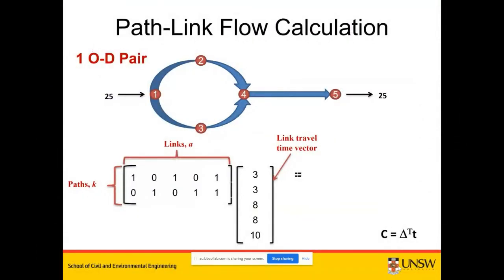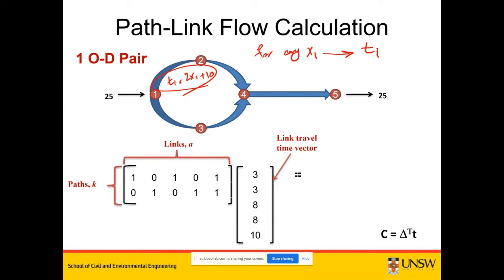For example, T1 could be, I don't know, 2x1 plus 10. But for any given x1 value, you end up with one value of T1, right? So for any given value of x, you get a single travel time value because of this function.